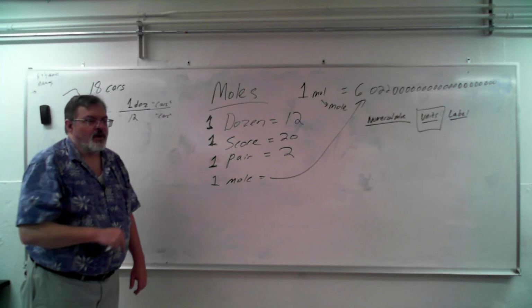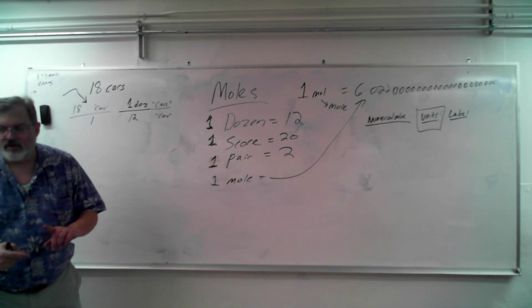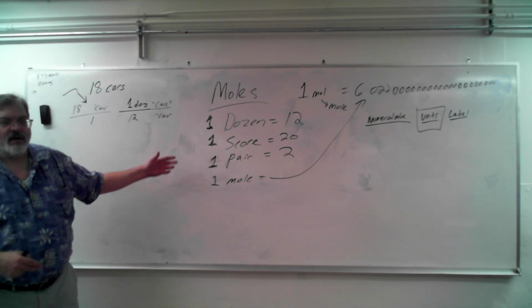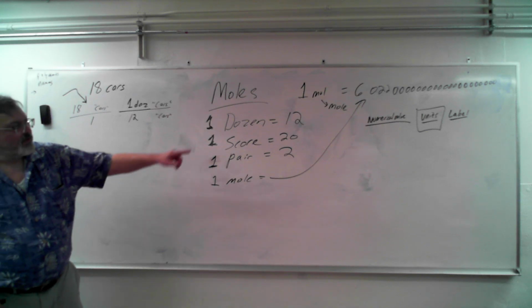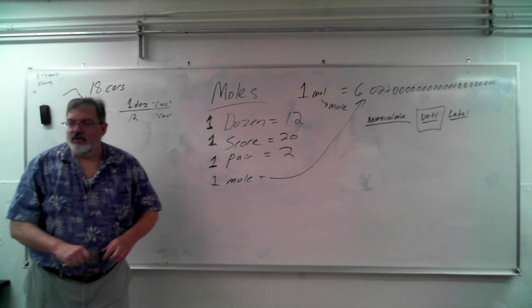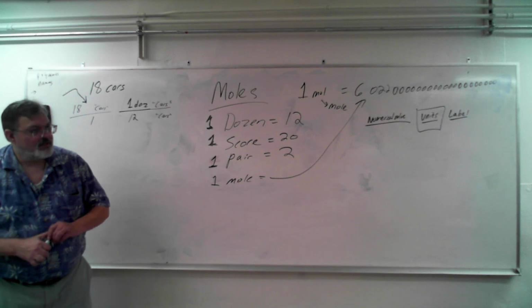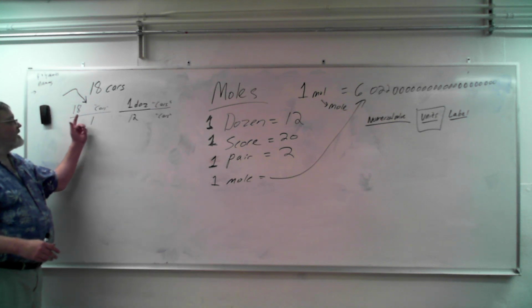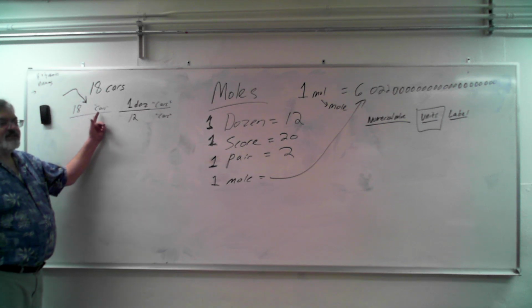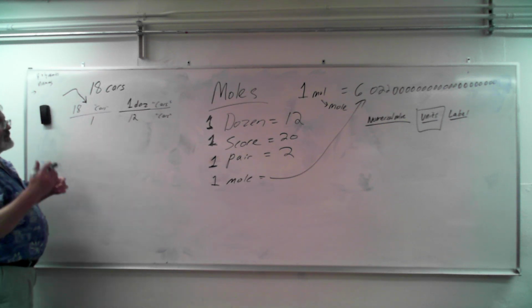If I send you out in the parking lot, and I don't say count dozens, and I don't say count score, or pairs, or moles, of course, if it's a parking lot of cars, because look how big that number is, I wouldn't use that number. But if I didn't say that, you come back and say 18 cars. If I said go count dozens, how many dozen cars are there?